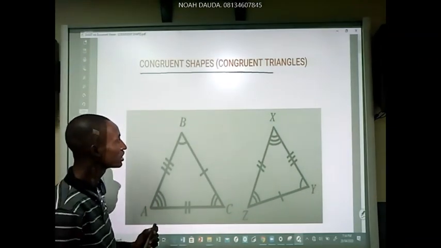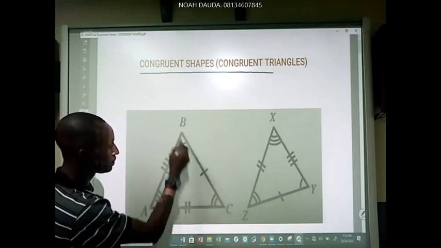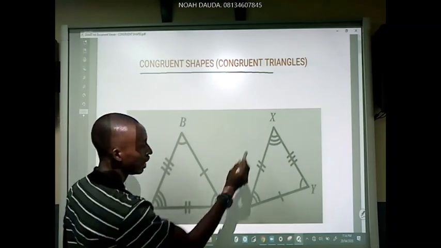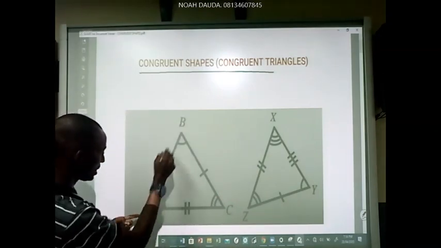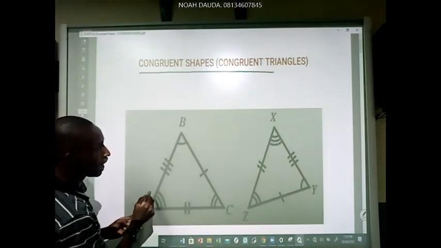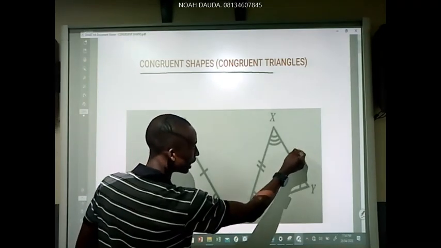Now let us take for instance this diagram. We have triangles ABC and XYZ. Side BA is the same as side XY because of these three lines.